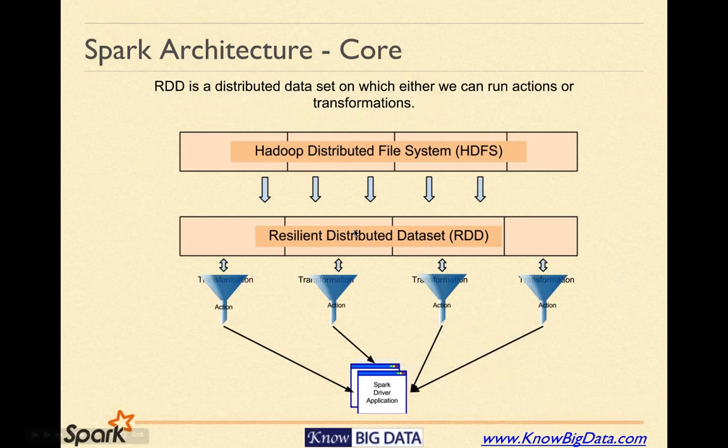It does not really do anything. It does when you execute an action, saying store this data there or bring me back all of this data. At that point of time, all of the dependent RDDs will be executed.